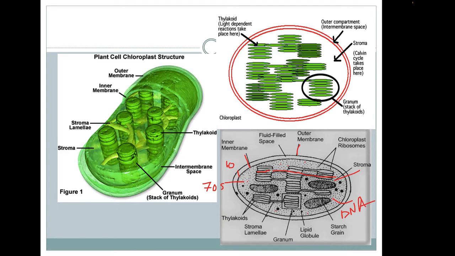At some places the thylakoids are arranged one above the other and appear as a stack of discoid membranes. So these are called the grana. We can see this one is the grana.